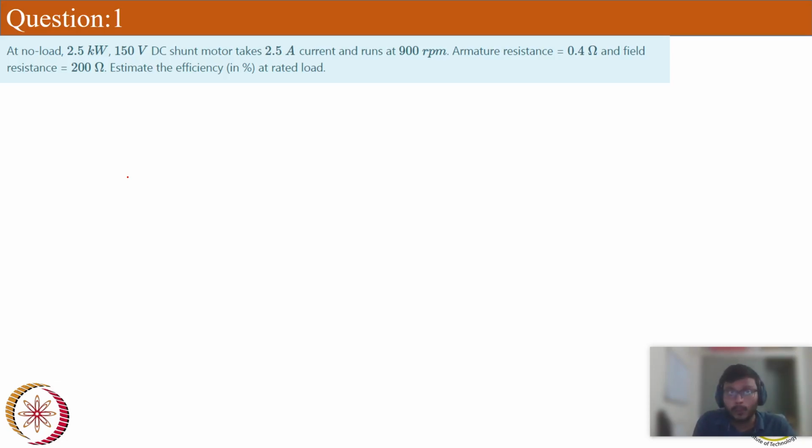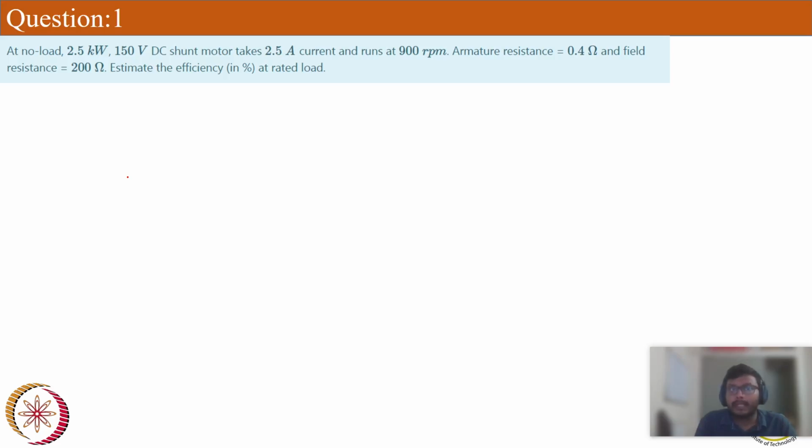I already told you it's a 2.5 kilowatt motor, meaning that power refers to the shaft power, the net mechanical output power. So we already know the output at the shaft end, 2.5 kilowatt, 150 volts is the supply, and it's a DC shunt motor.